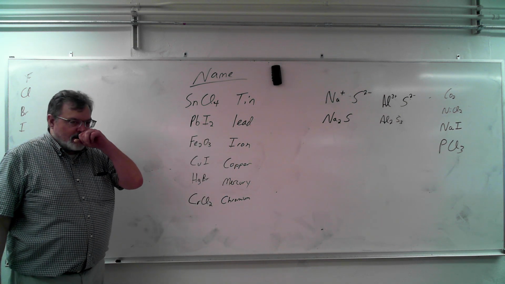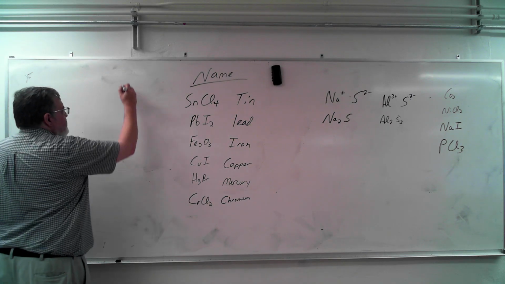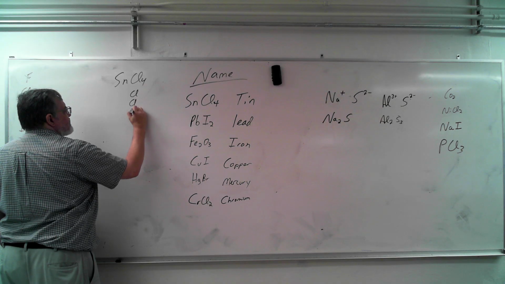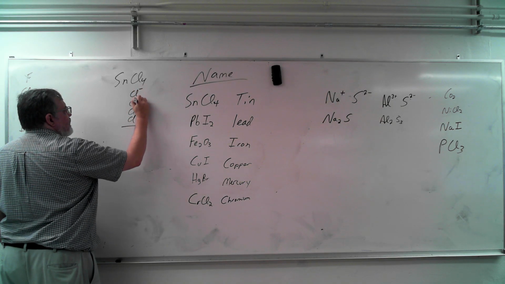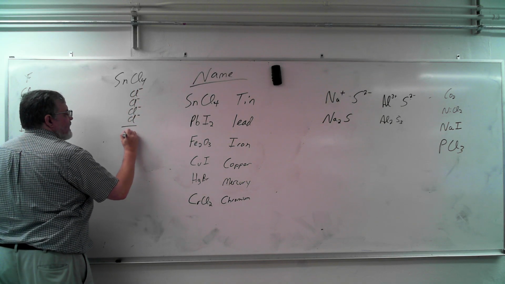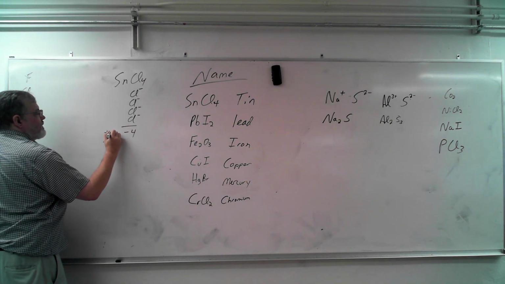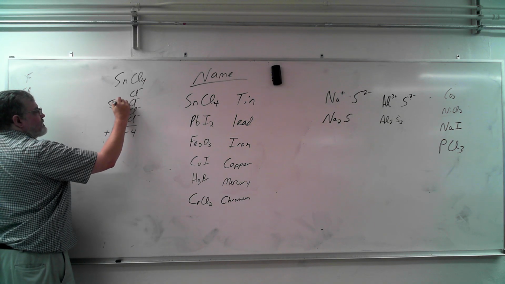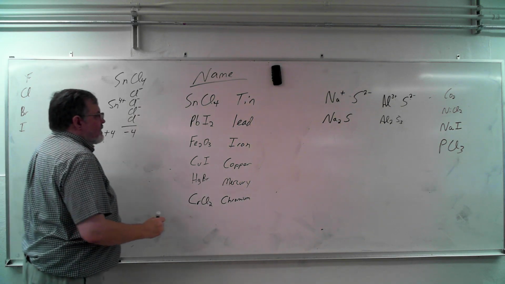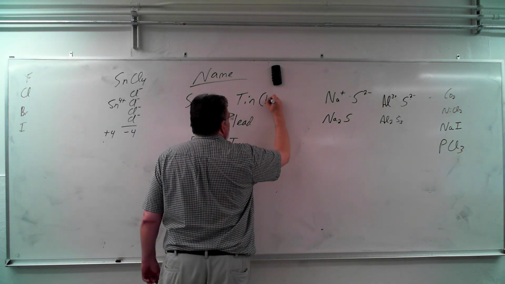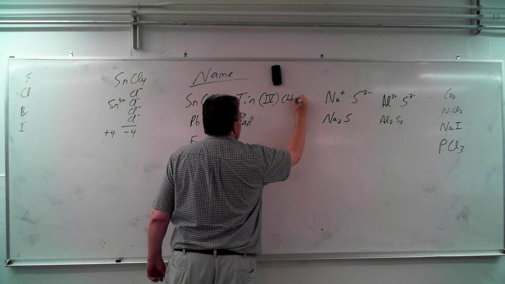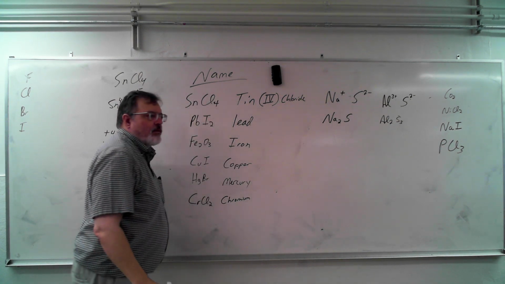So what do I have to do next? Cl, Cl, Cl, Cl. These are all -1, so I have -4. These are +4. I only have 1 Sn, so it all goes to that. So it's tin(IV) chloride.